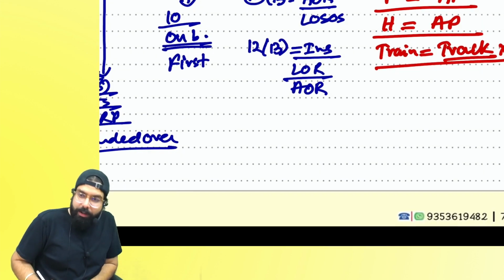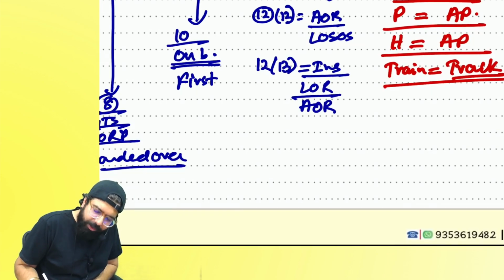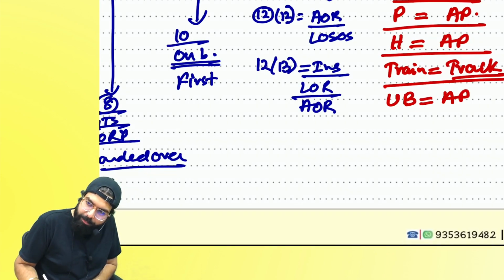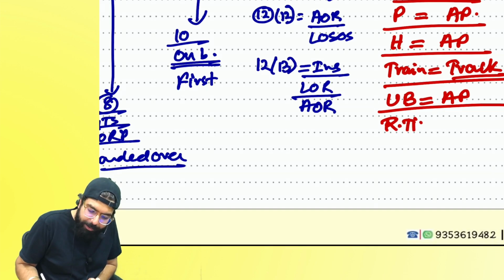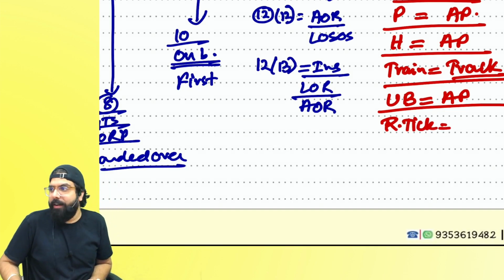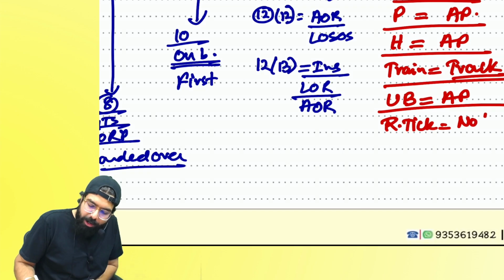Right everyone? The next one over here, utility bill, again amount payable. Yes everyone? Then tickets. Railway ticket, if advertisement is done behind the ticket etc., then always the number of stations multiplied by the amount payable.